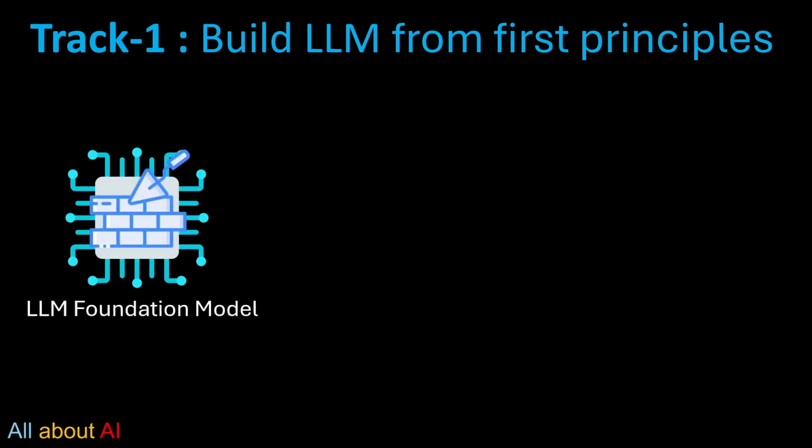Now, as part of track 1, build LLM from first principles, it means we'll be building an LLM from the ground up, completely from scratch. These models are often called foundation models or base models. Think of it like a general practitioner, or GP.